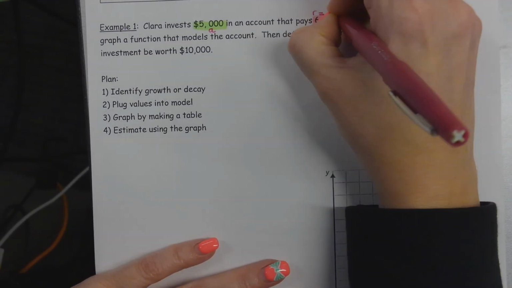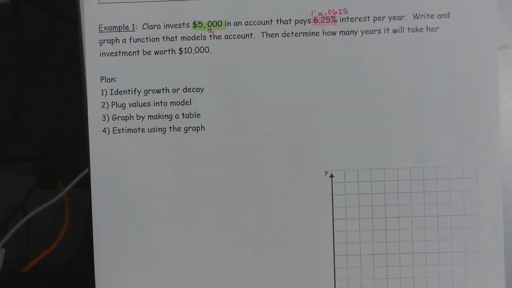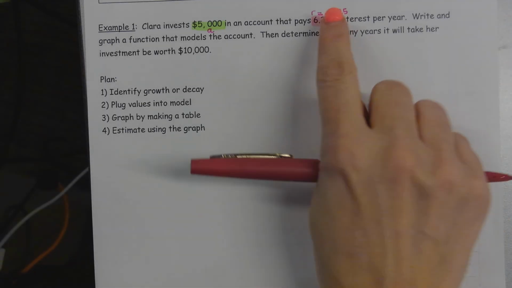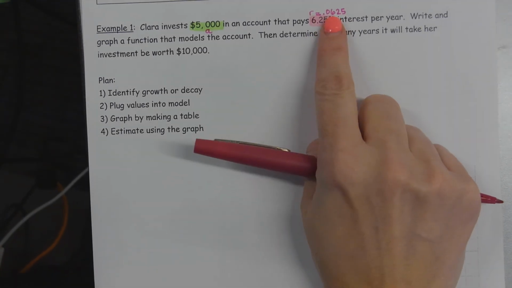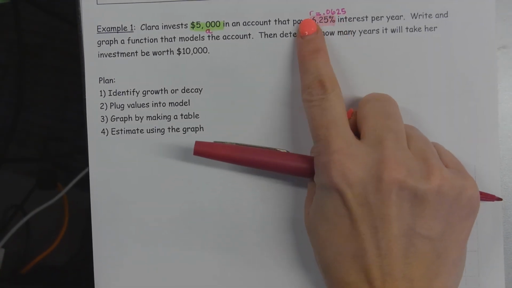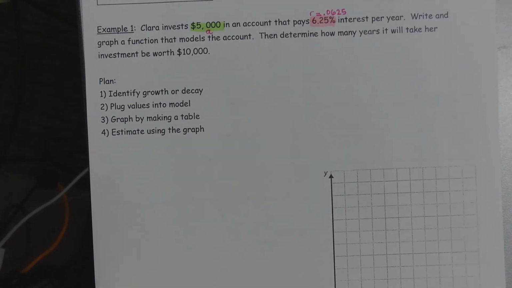So it's 0.0625. Yeah, it's like you're dividing by 100, right? So then you're moving it to the left.